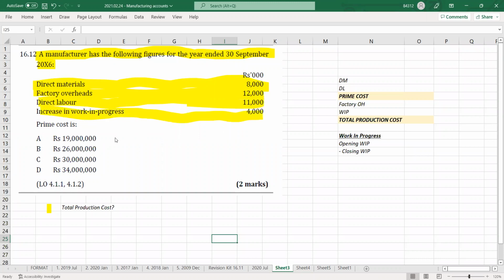That's the prime cost. So take direct material 8,000. Direct labor 11,000. Factory overhead 12,000. Right.